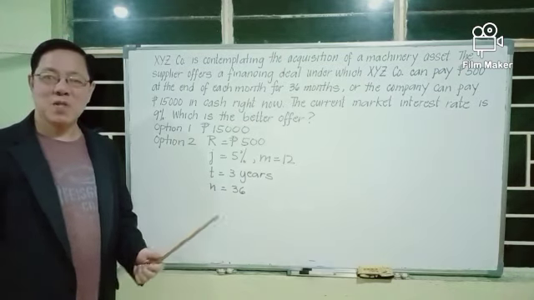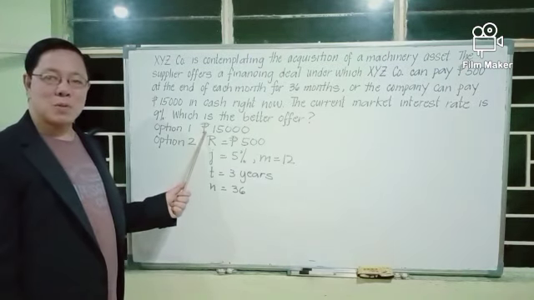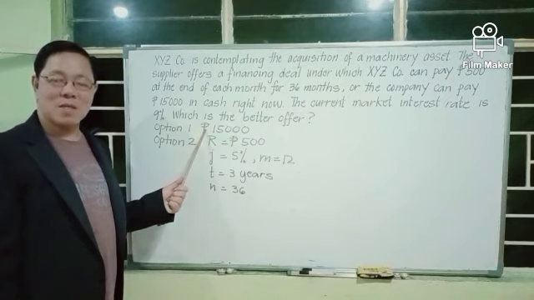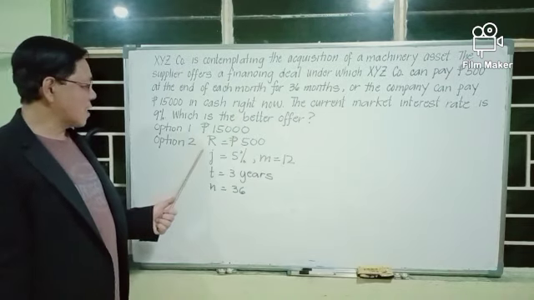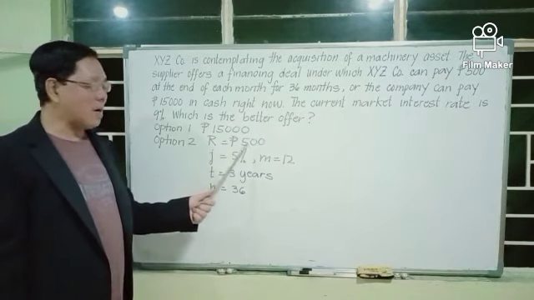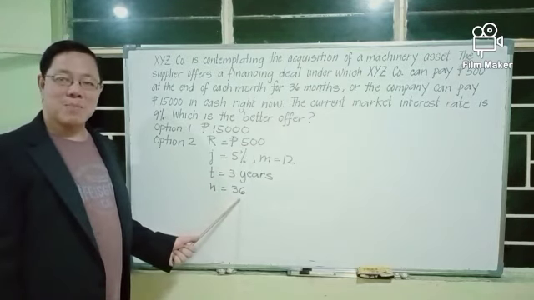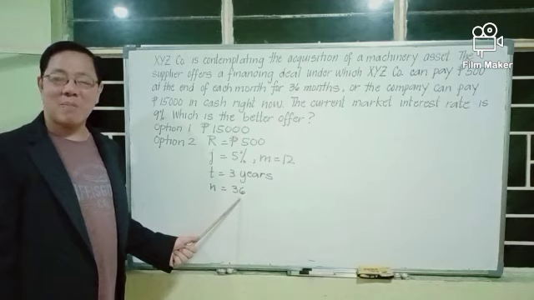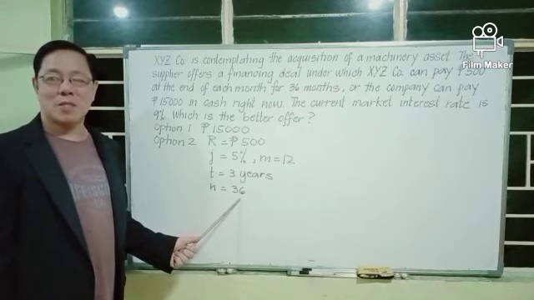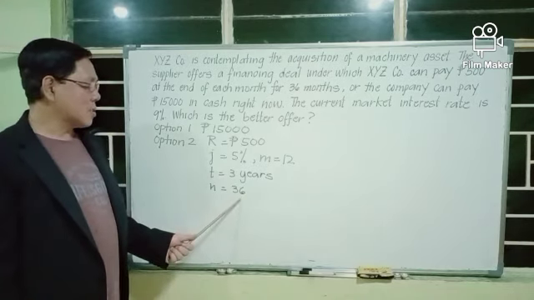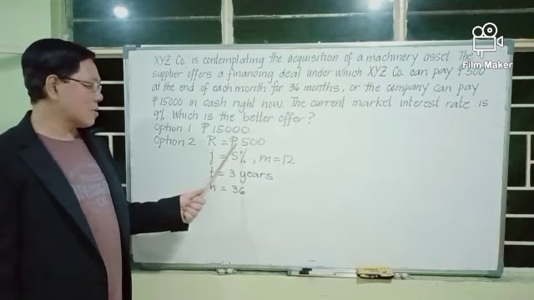For the first option, the company may choose to pay 15,000 pesos in cash right now. The second option is a payment of 500 pesos at the end of each month for 36 months. That means the number of payments to be made for the second option is 36 payments, each payment equal to 500 pesos.